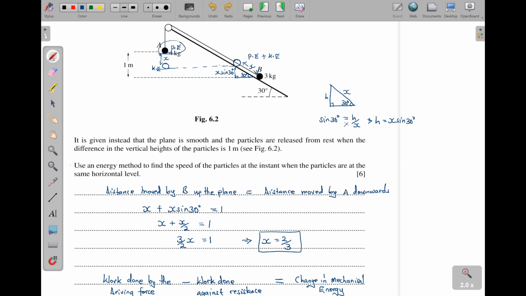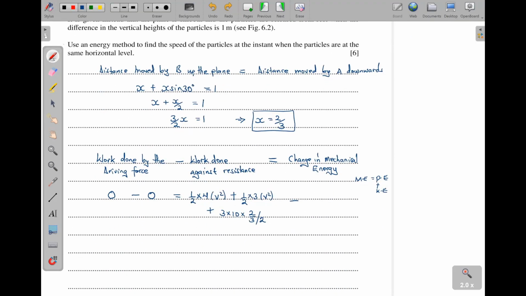Now we are going to find the potential energy for A. So this simply implies that we are going to have mgh, the h is x. So m for A is 4, g is 10, and h is x, which is 2 over 3. Now we have 0 here. We can simplify this one, so we can have 4 plus 3, you get 7, then over 2.